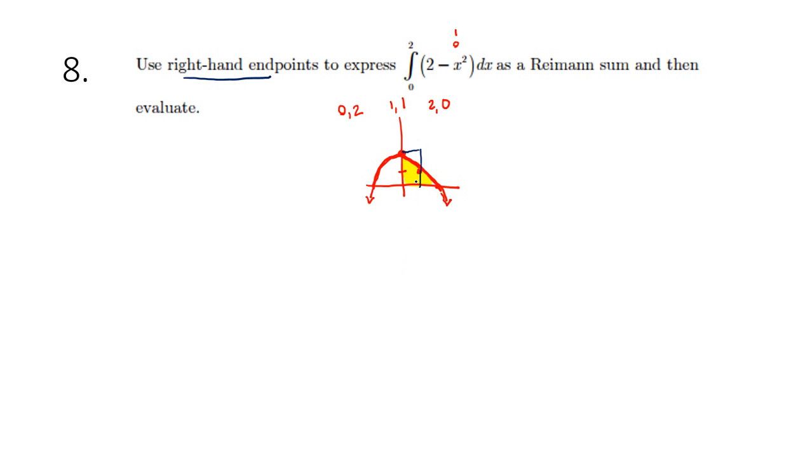And we can find the area of this rectangle. The area of this rectangle would be 2. Everybody agree? Then I can find the area of this rectangle using right-hand endpoints. The area of that rectangle would be 1. Now, that's all they're asking for here, is to add up these two areas to get 3.